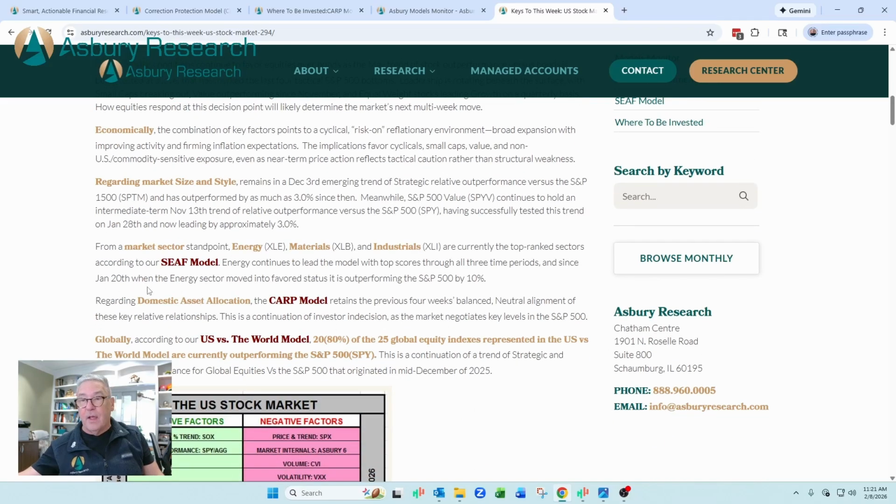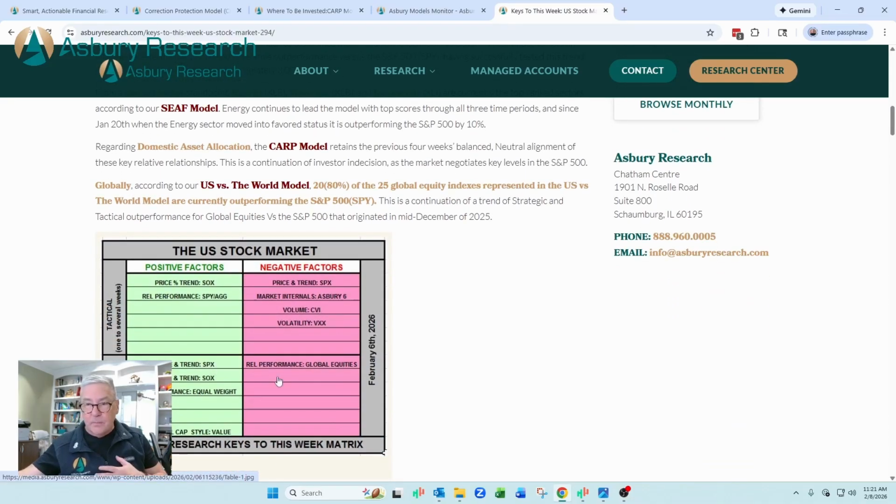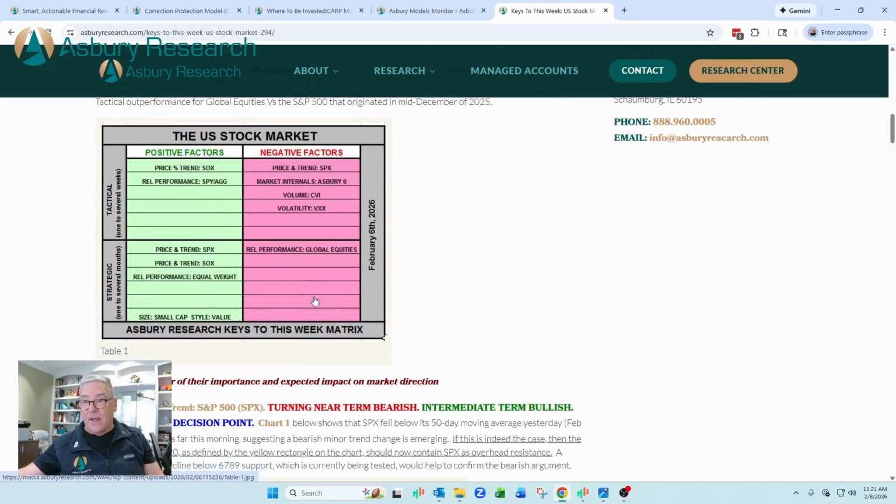Here's SEAF, here's CARP, and here's US versus the world. What we do is we put our 10 keys to the week into this graphic to try to see where most of the directional impetus is coming from. And as of about 10 o'clock in the morning on Friday, it was mostly tactically negative.